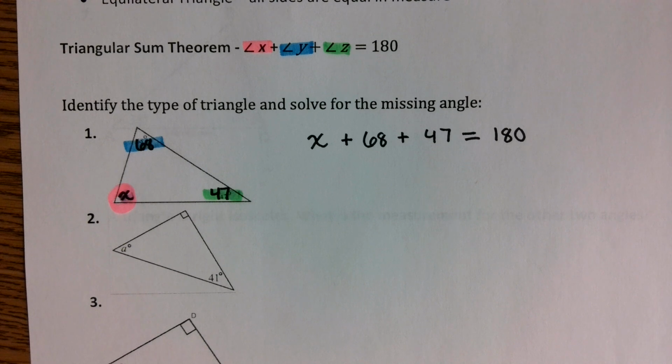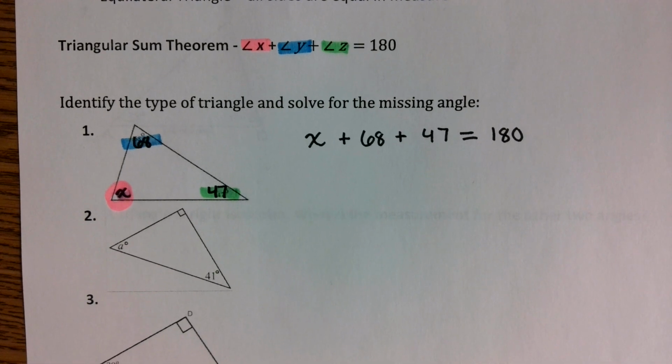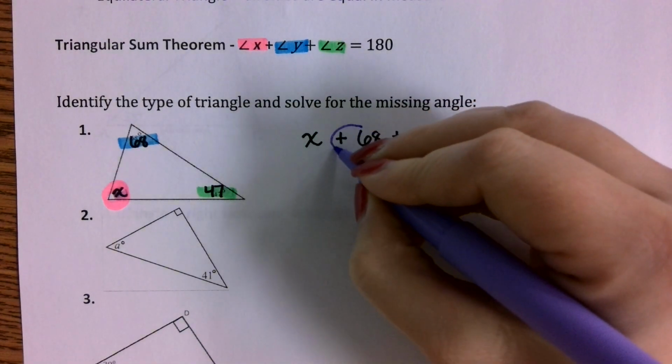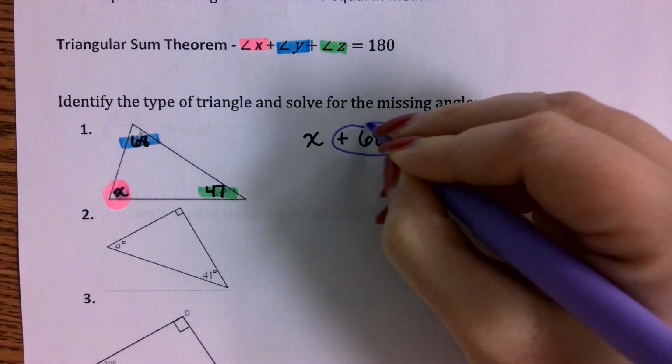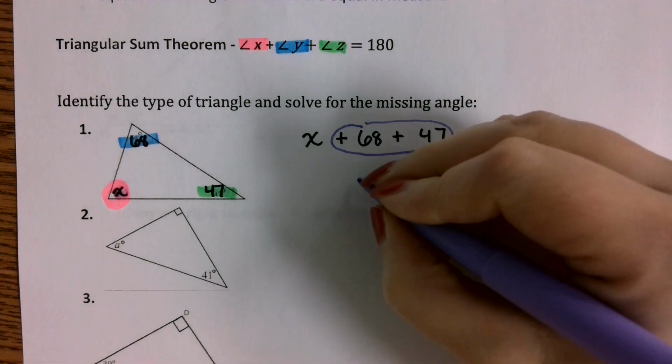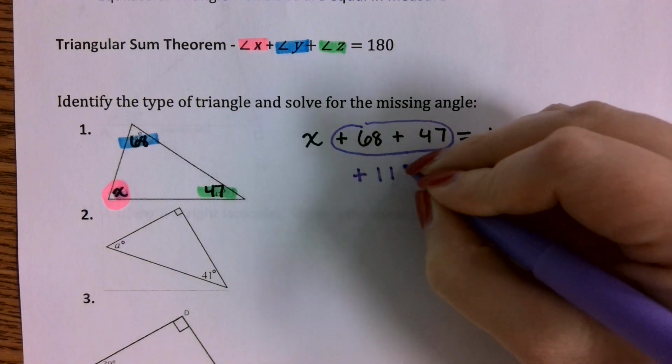Before I start solving, I should probably combine my like terms. Kayron, taking a look up here, tell me what like terms I can combine together to simplify. Thank you. 47 and 68 can be combined together. It's a positive 68 and a positive 47. When we add those together, we're going to get a positive 115.